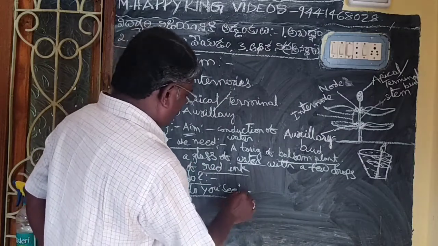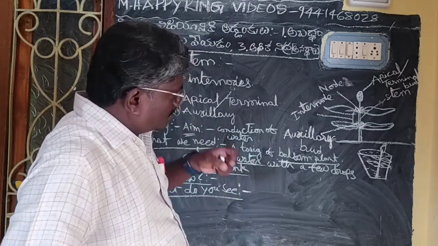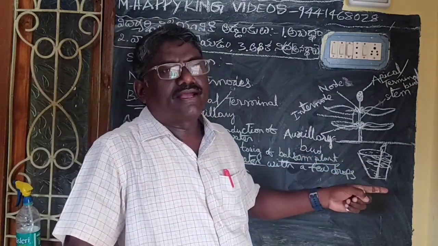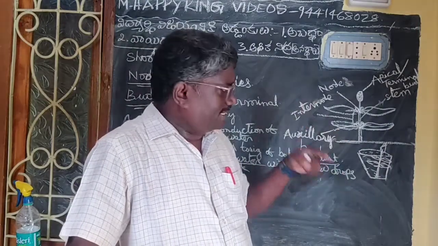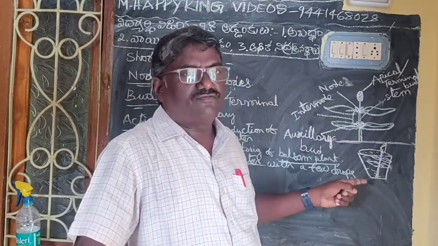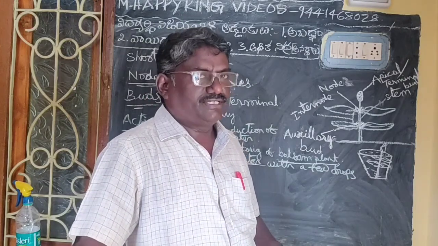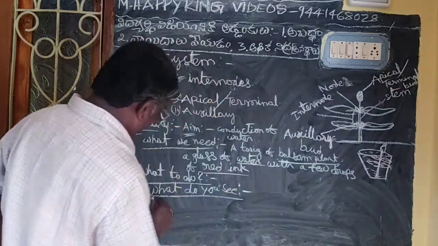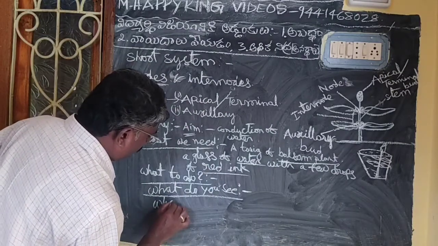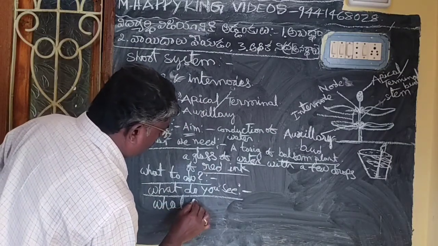So we can see the twig, the stem, will be reddish. We observe it. Then what do you learn?